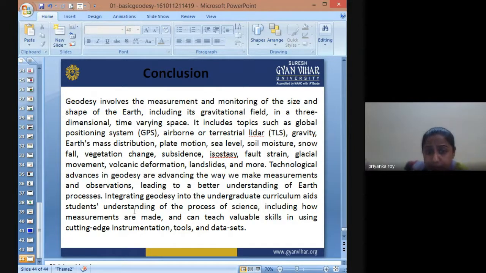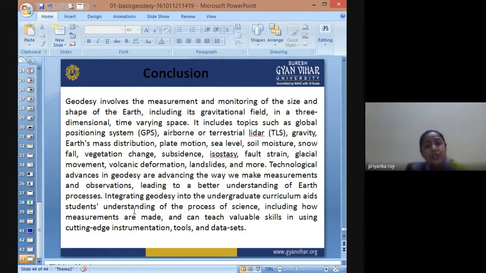It also explains isostasy, fault terrain, and all these dimensions are covered, with technology advancing geodesy and advancing the way we make measurements and observations, leading to a better understanding of Earth processes.